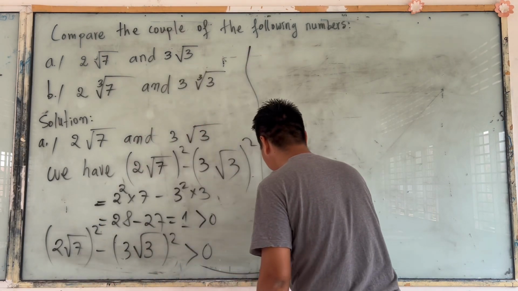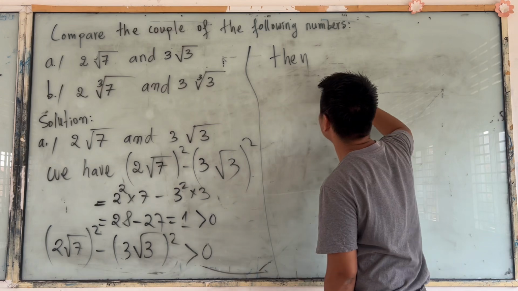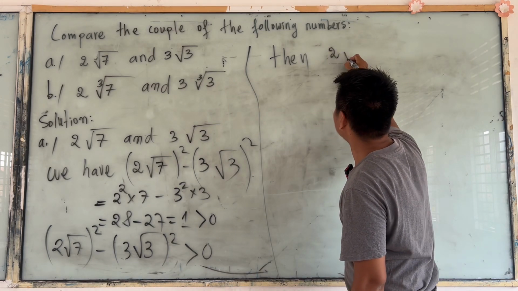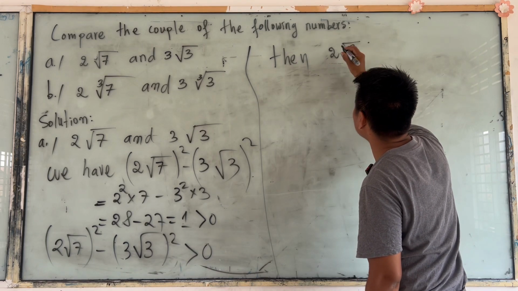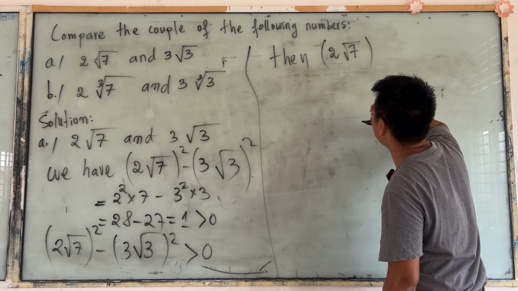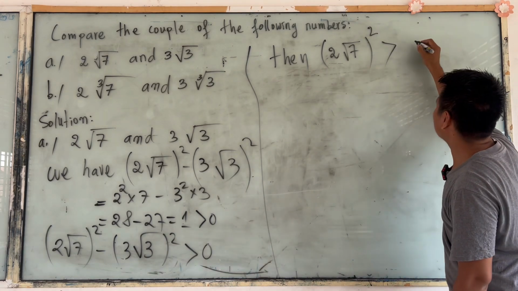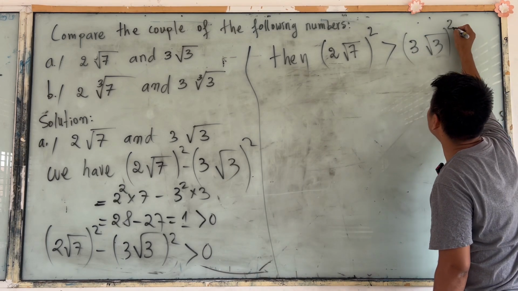So I get like this, and then (2 multiplied by square root of 7) power 2 is greater than (3 multiplied by square root of 3) power 2 also.